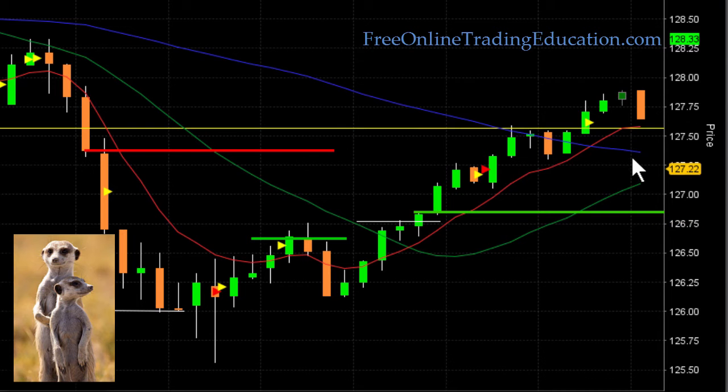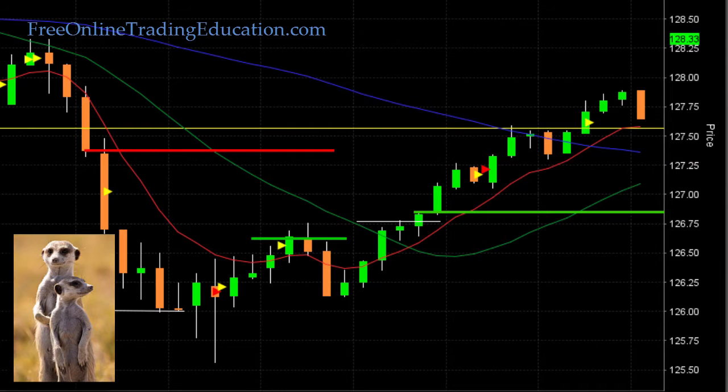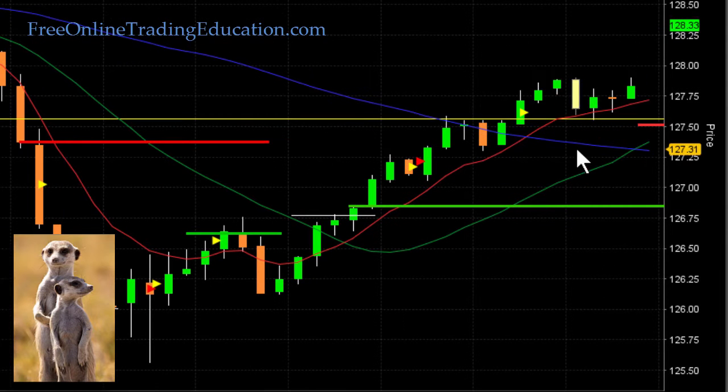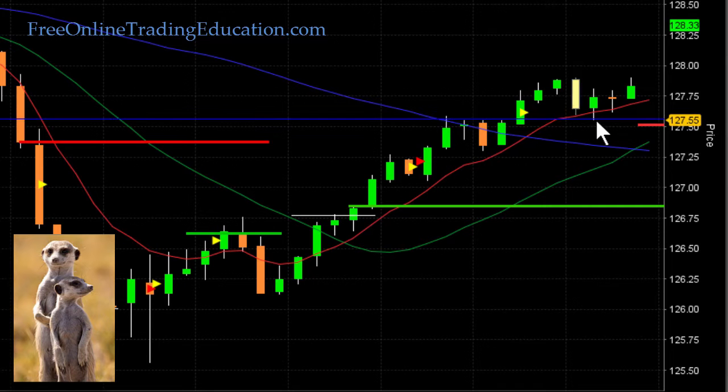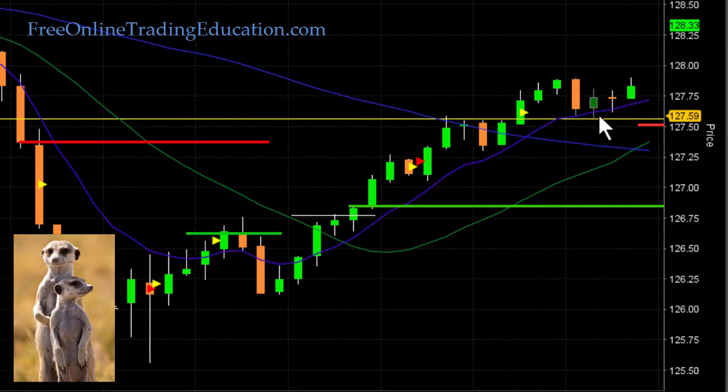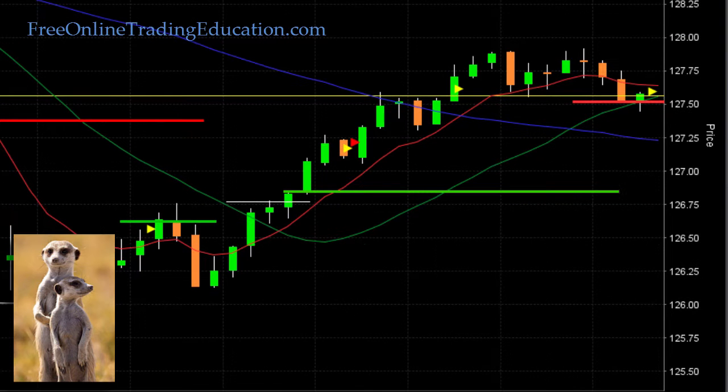So now I'm going to move my stop up here just underneath the 50 moving average. And look at that. Now the 50 and the 20 are crossing over. Now I'm going to bring it up right underneath this pivot line. It's acting as support here, and that's great. Again, was resistance, is now support. Good roll up here. I'm using that as a shield right now. Oh man, stop down here.